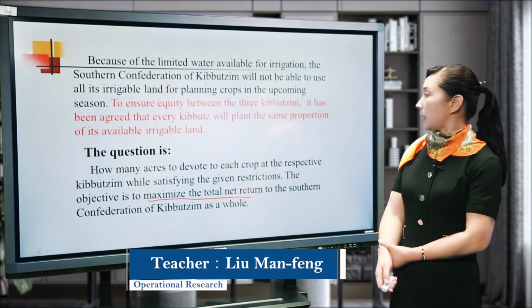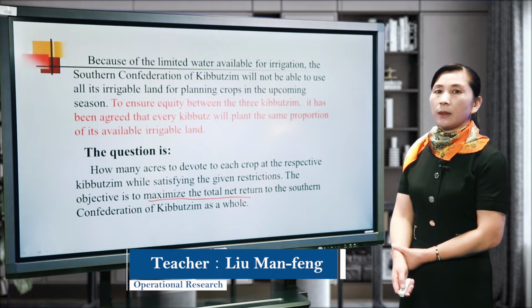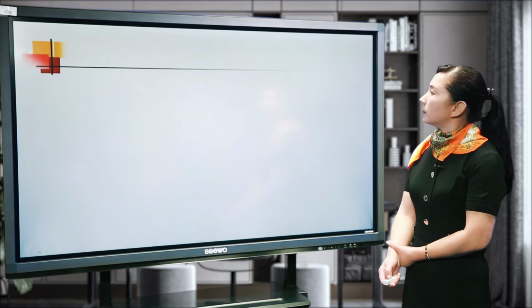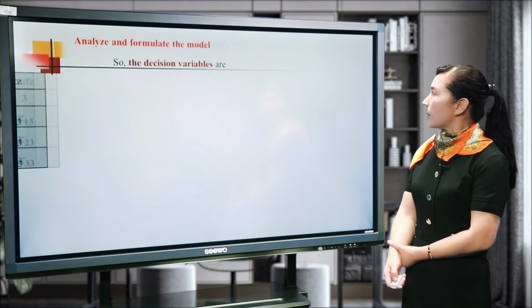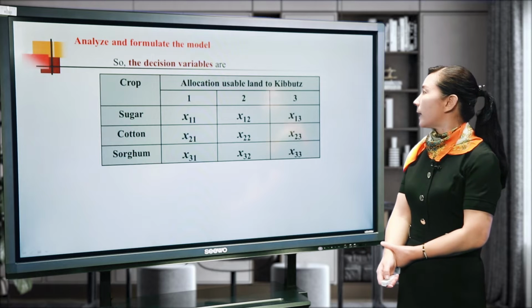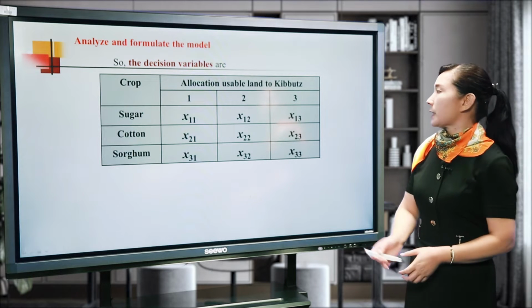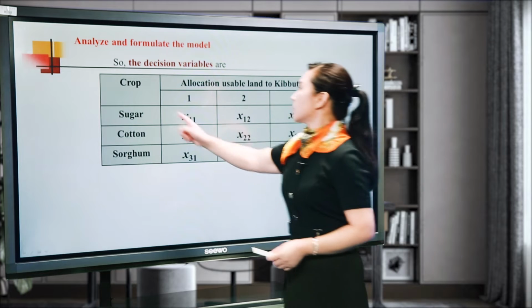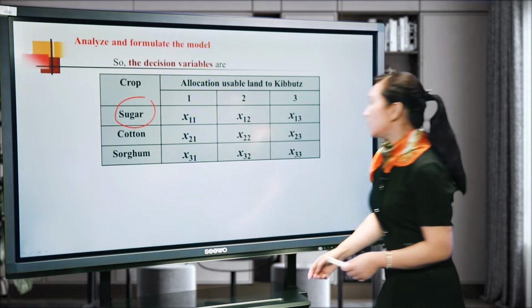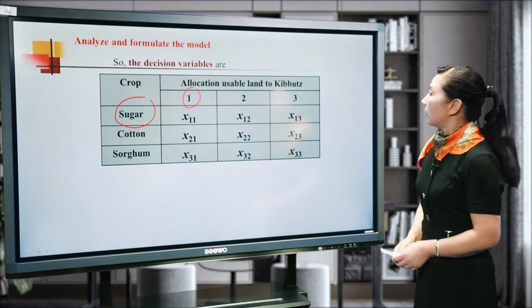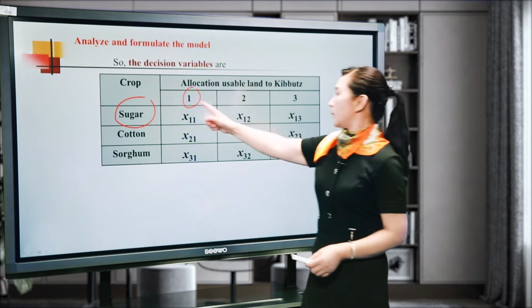So we analyze this problem. We first decide the decision variables. In this problem, the decision variables are more complex, and we need to decide how many acres of sugar beets are planted in kibbutz 1. And we note x11.